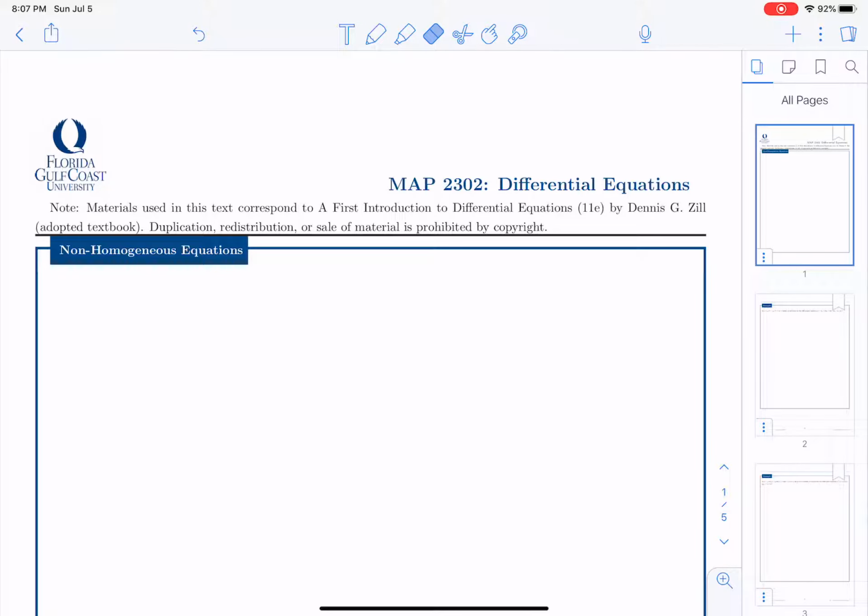So we move on to non-homogeneous equations. It's the next step, the next type of equations after homogeneous equations.